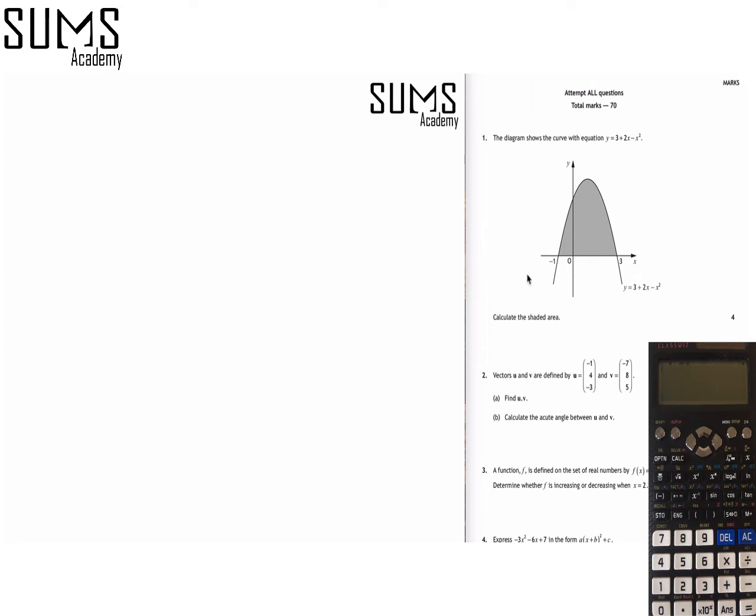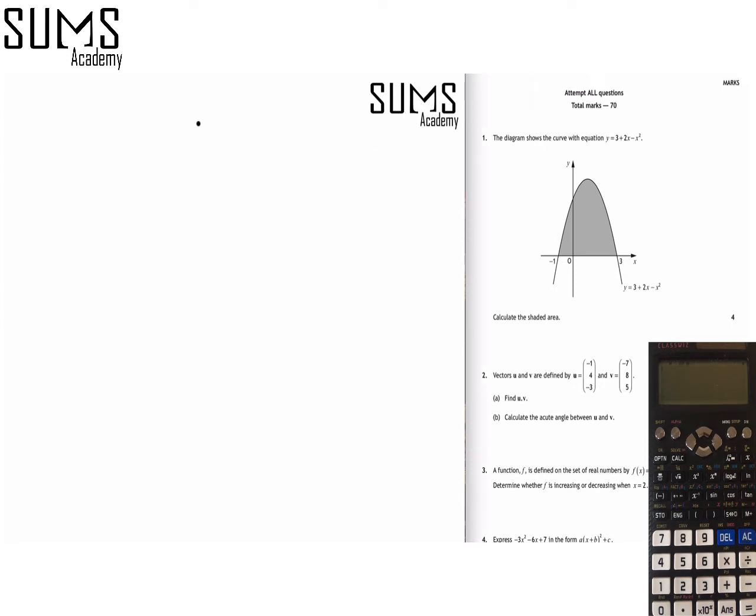Okay, so whenever we're asked to calculate the shaded area, that means that we're going to be integrating, because we're looking at the area under a graph. So to start off with, we should just write our equation for area.